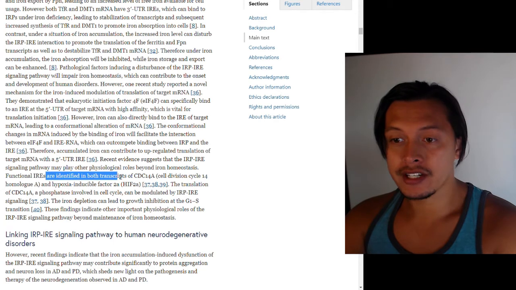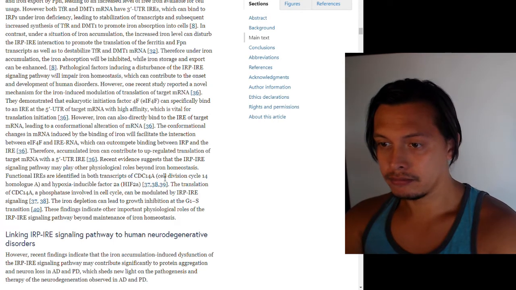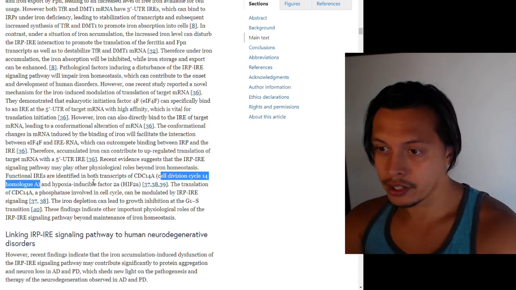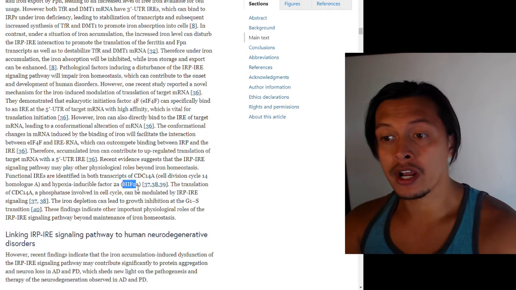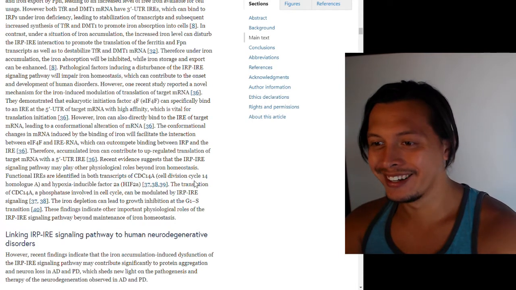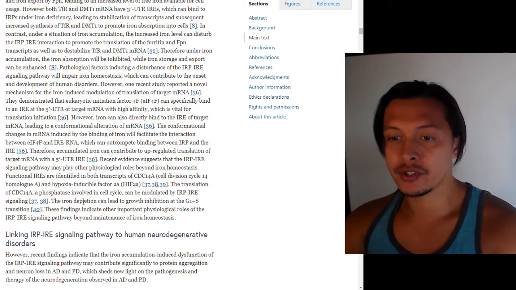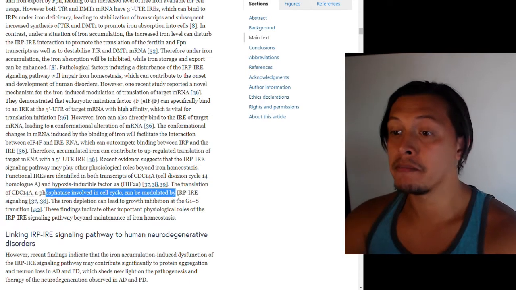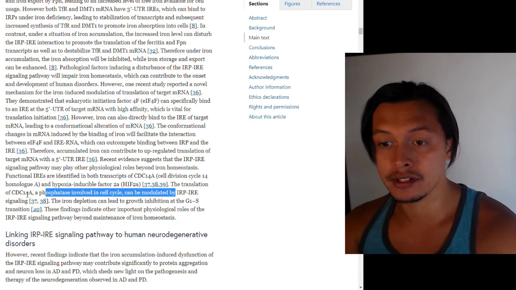Functional IREs are identified in both transcripts of CDC14A, and this is cell division cycle 14 homolog A, which is just another protein, and hypoxia inducible factor 2A, or HIF2A. Anyways, the translation of CDC14A, which is a phosphatase involved in cell cycle, can be modulated by the iron regulatory protein iron responsive element signaling.